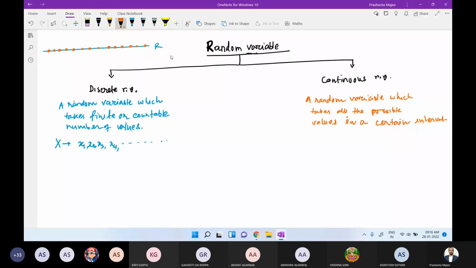Even there are numbers between 10.1 and 10.11. In fact, there are infinitely many, uncountably many points between 10.1 and 10.11. The possible output will be any number from 10 to 20, so that is why that random variable is a continuous random variable. Is it okay?